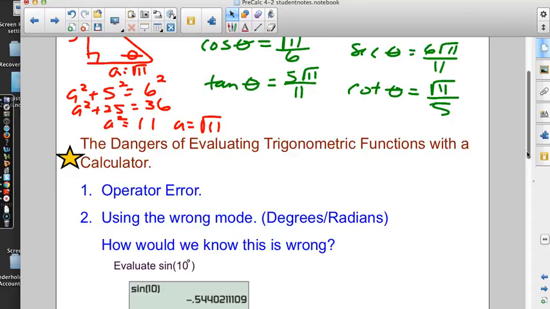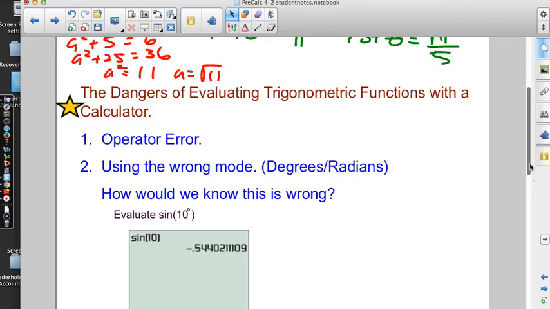Now the dangers of evaluating those trig functions with your calculator. The first one, almost everybody makes the mistake of not realizing if I'm working with degrees, I need my calculator to be in degrees. If I'm going to work with radians, I have to have my calculator be in radians. So it does come down to operator error. We know what it is we're punching in at any given time.